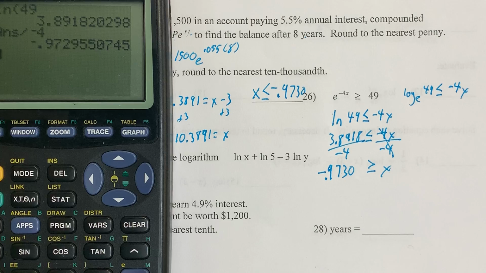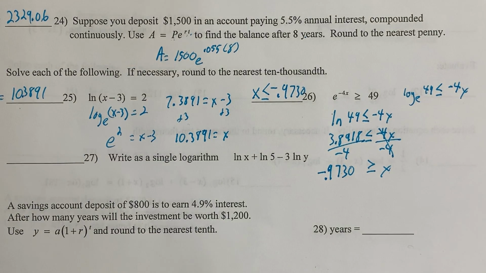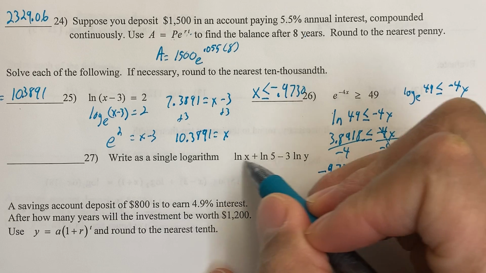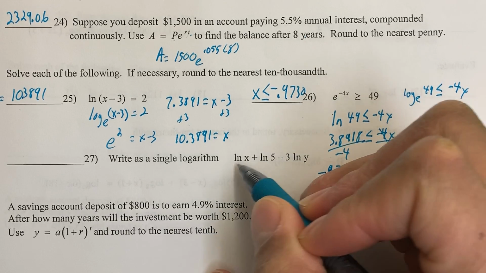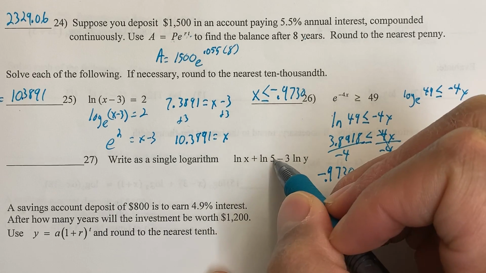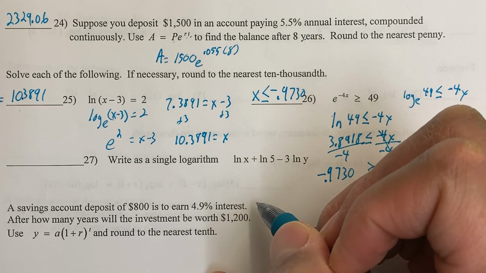Okay. Finally, we have to write this as a single logarithm, and there's nothing the calculator is going to do to help us anyway on this one, so we just have to do it algebraically. I know that if I've got two logarithms with the same base, these both have a base of e, they're both natural logs, I can then just multiply the two arguments because I'm adding the two logarithms together.